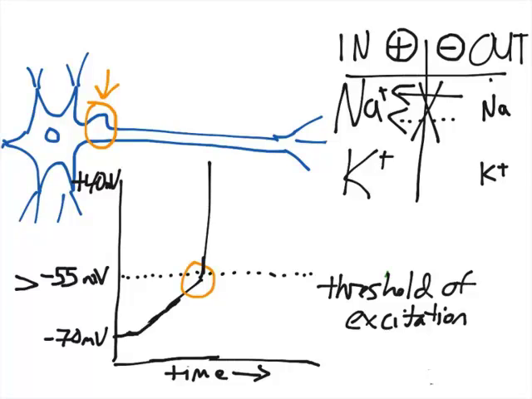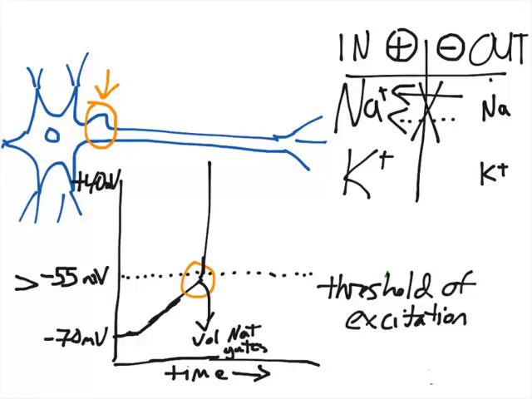So at the threshold of excitation, voltage-gated sodium channels open. And at the very peak of this is where the same voltage-gated sodium channels are going to close. So when we close that, no more sodium can get in.